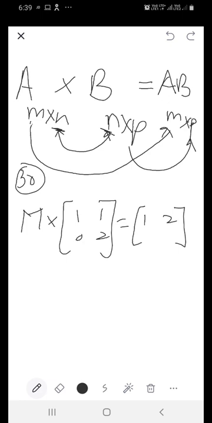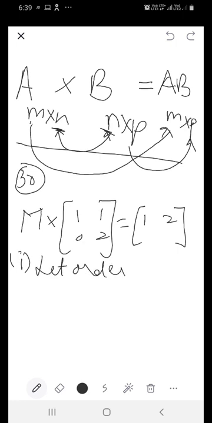They are asking you in the first part to state the order of the matrix M. So you have to tell the order, and with the concept which I have explained above, you are going to find the order. First, for the first part, let the order of M be a by b.